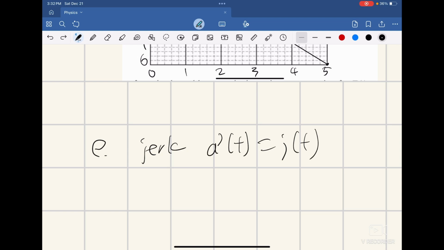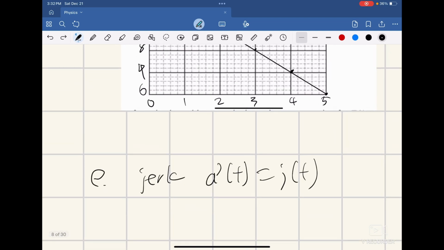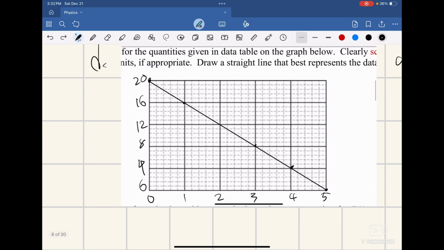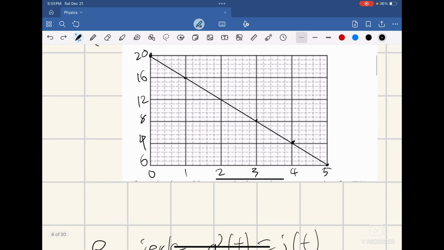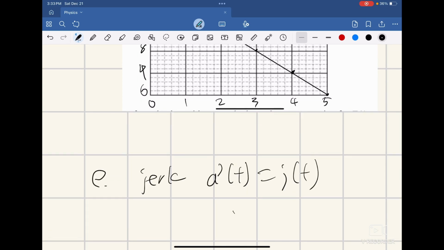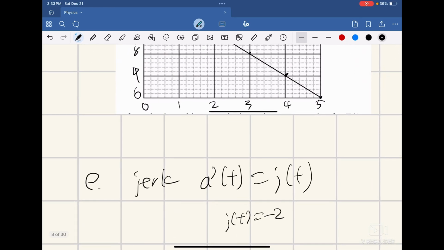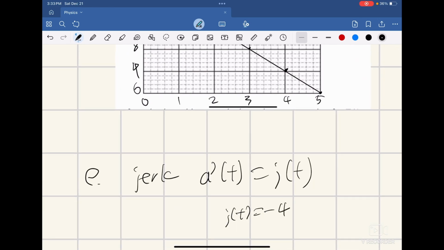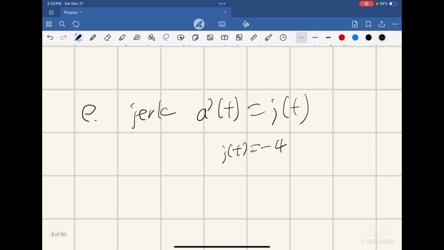The derivative of a function is just its slope, so we already know the jerk is equal to negative 4.